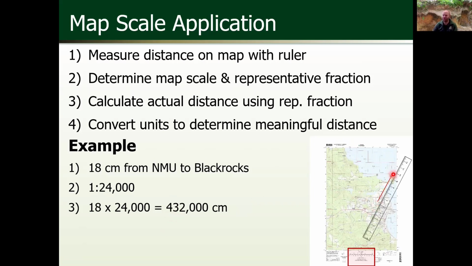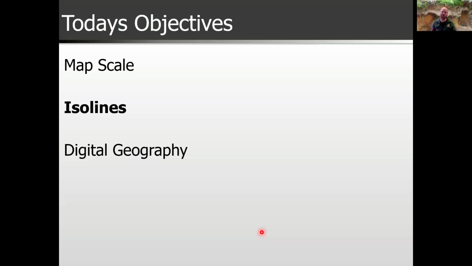But many of us don't really think in centimeters. However, kilometers is more representative. You could then even further convert kilometers into miles if you would like, but here 432,000 centimeters is 4.32 kilometers, almost a 5K race, if you will. All right, so that's a little bit about scale.